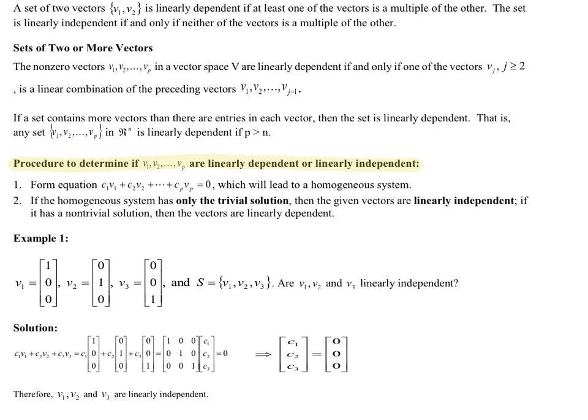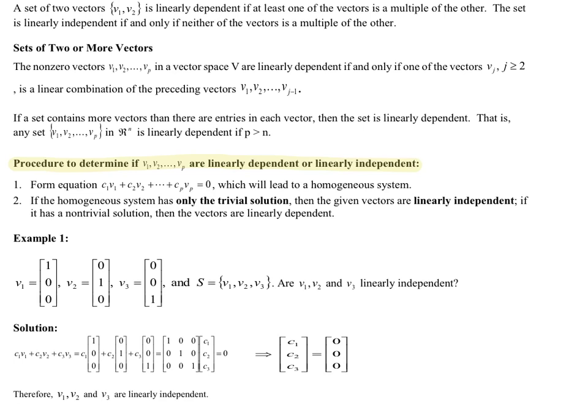The process is to form a linear equation in the homogeneous system, and then solve that homogeneous system. If you only get the trivial solution, then you're dealing with independence. If you get a non-trivial solution, then it's dependent, all right? Now, the trivial solution is just a column of all zeros. So anything other than that, you have dependence.